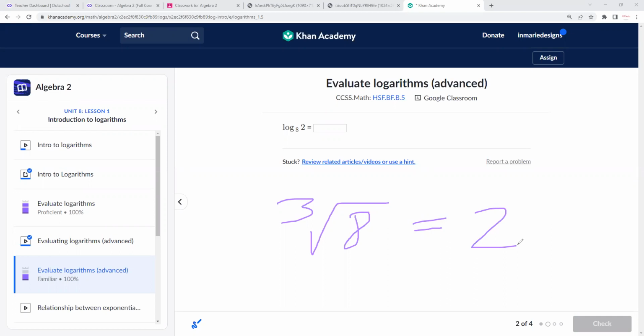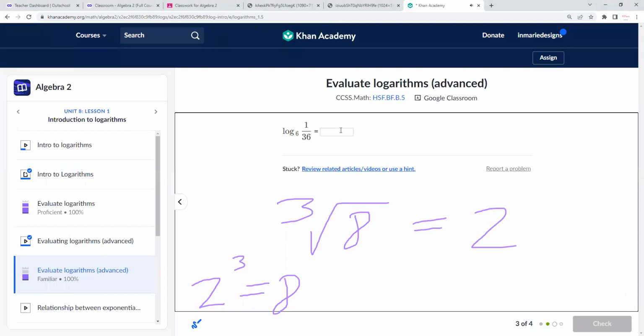There's definitely going to be a 2 there. Can't do the square root of 8. So yeah, 2 to the 3rd power gets me 8. So let's see, 8 to the 1/3. 8 to the 1/3 gets you 2. This one's going to get you -2.